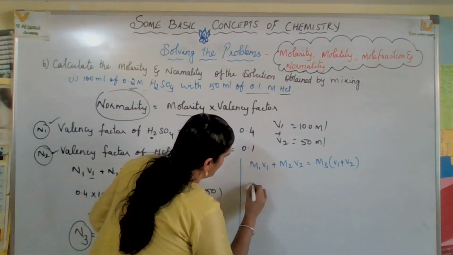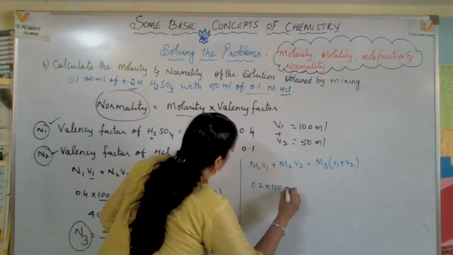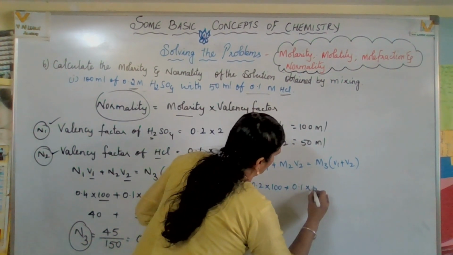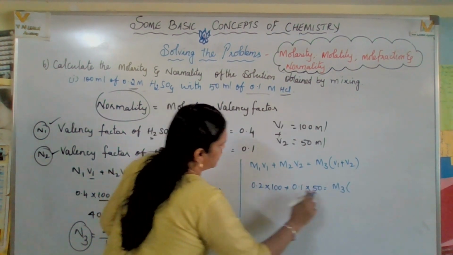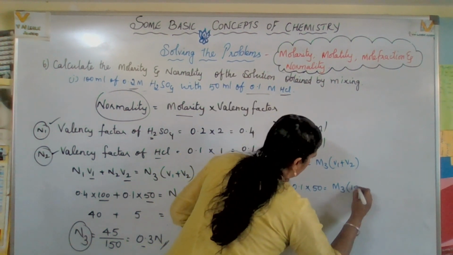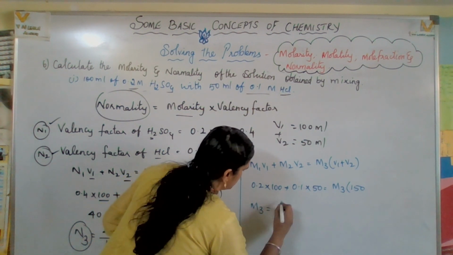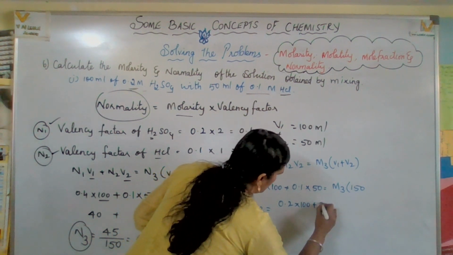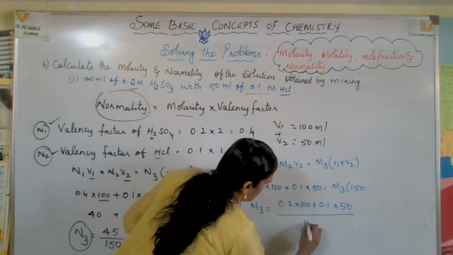This is M1, 0.2, into volume 100, plus M2, 0.1, into volume 50, equal to M3 into 100 plus 50, V1 plus V2, right? So 100 plus 50 is 150. So M3 equals 0.2 into 100 plus 0.1 into 50, divided by 150.